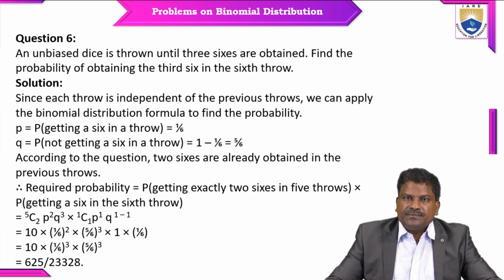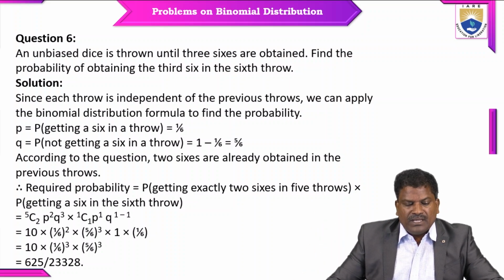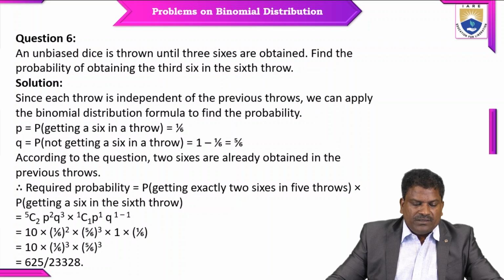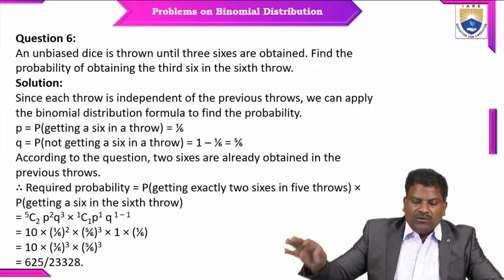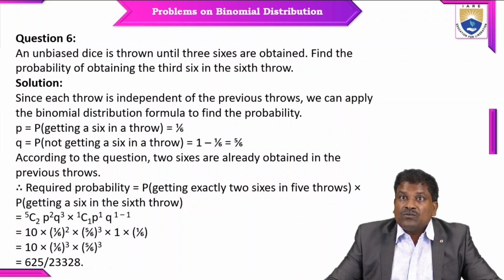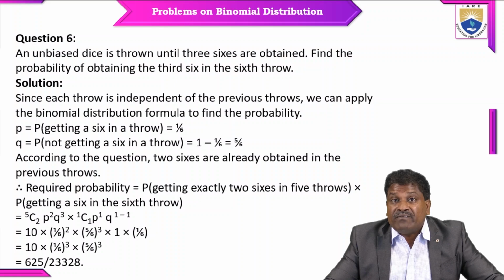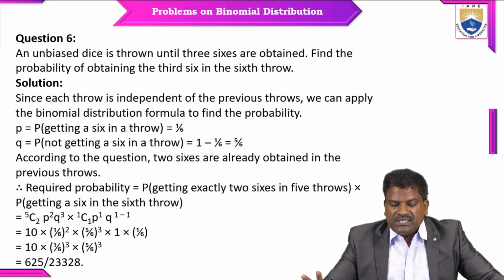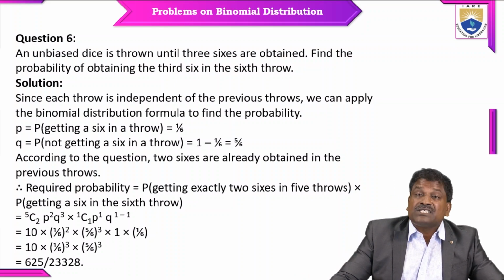Therefore, required probability is what? Probability of getting exactly 2 6s in 5 throws, total 6 throws. So, the third 6, when does it come? P of getting exactly 2 6s in 5 throws into P of getting a 6 in the 6th throw.